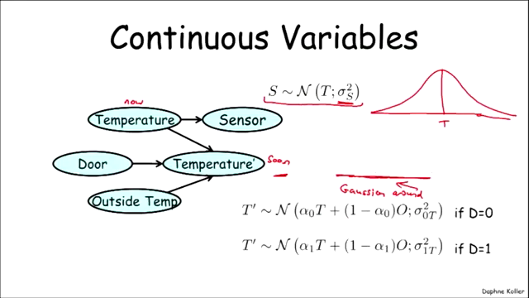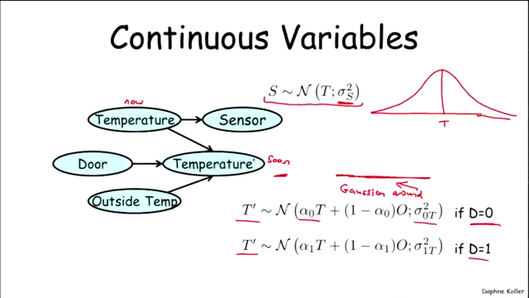And so if we write the model now, the temperature soon, T prime, is going to be a Gaussian whose parameters, alpha and sigma, depend on the value of the door variable. So if D equals 0, we're going to have parameters alpha 0 and sigma 0 T. And if D equals 1, we have a different set of parameters that reflect a different diffusion process.